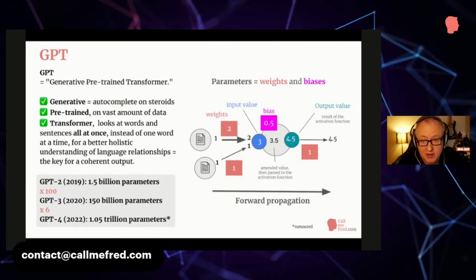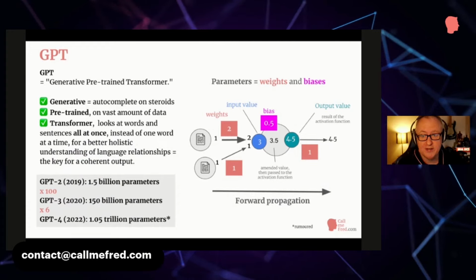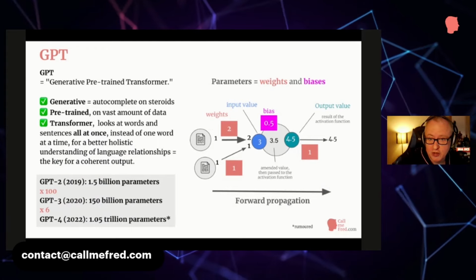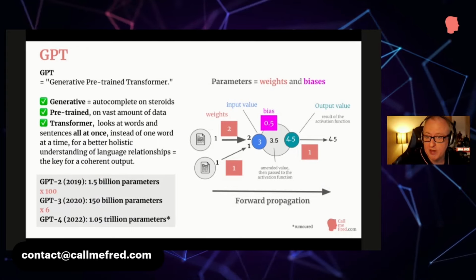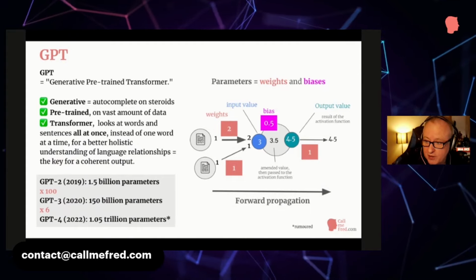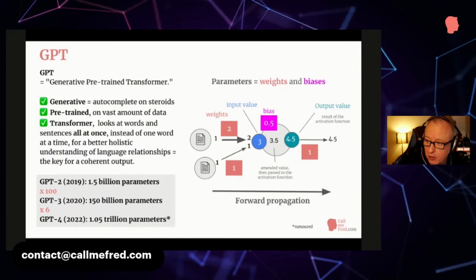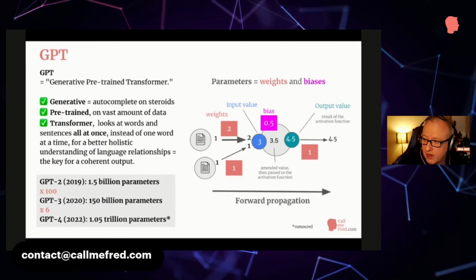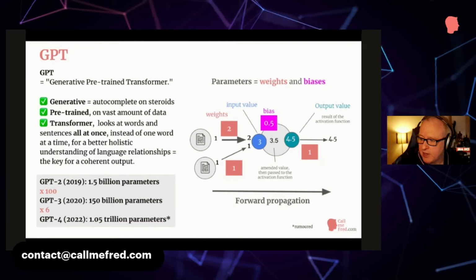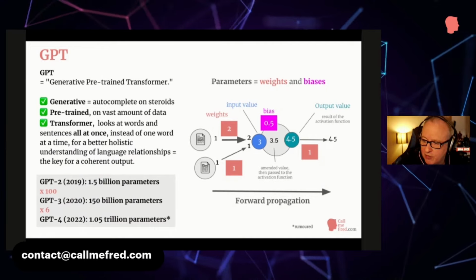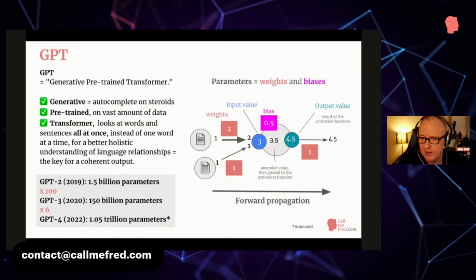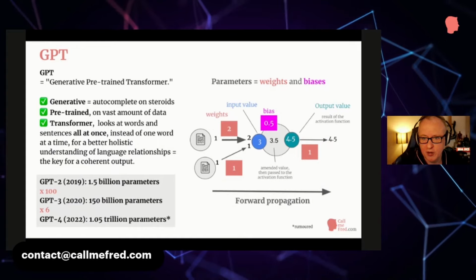The main difference in the evolution of GPTs is the amount of parameters. We have here the evolution for the OpenAI GPT models, 600x, as you can see, from GPT-2 to GPT-4, from 1.5 billion parameters to roughly, that's an estimation, 1.05 trillion parameters for GPT-4 in late 2022.